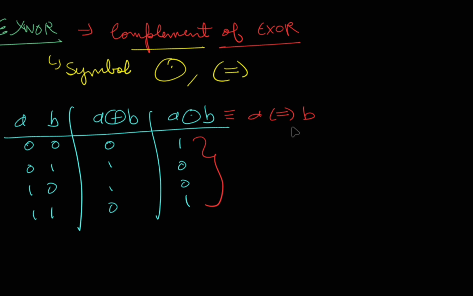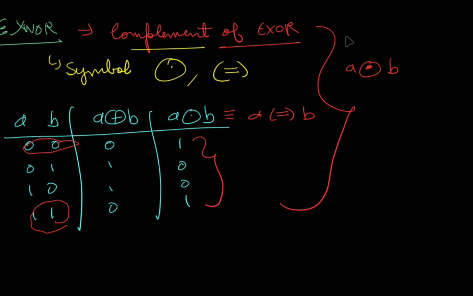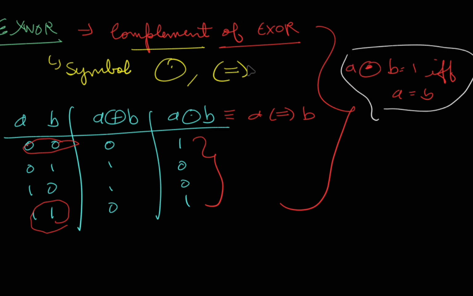Both symbols are fine. Now let me tell you why people use this symbol. This XNOR is 1 if and only if both are the same, if and only if A equals B. That is why some people use this symbol.